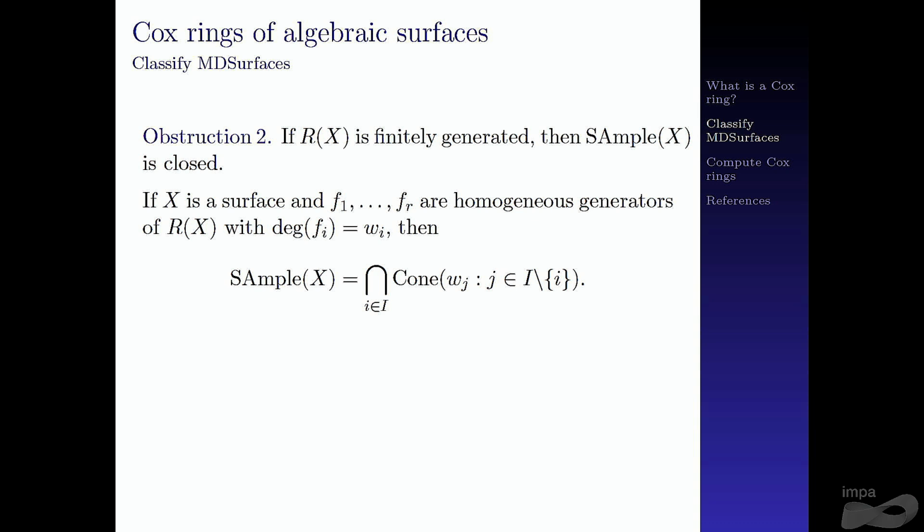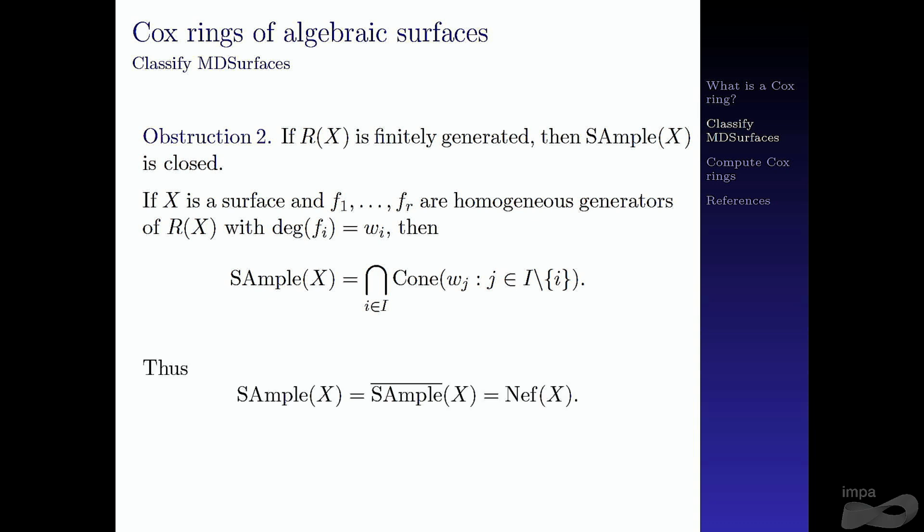So anytime I write that degree as a combination of the others, I need that Wi. That Wi will be the class of a curve in the stable base locus of that class. So this is roughly the idea. Since it is written in this way, it is a finite intersection of polyhedral cones, and so it is closed. So the semi-ample cone of a Mori surface is closed.